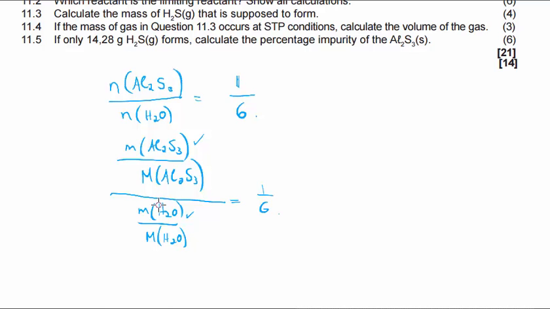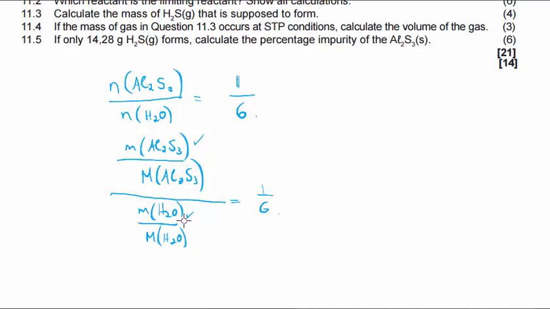Do you understand? Or I must say, okay, let me use up all of my water and see, well, if I use up all of my water, I need 30 grams of aluminium sulfide. Which one is in excess? The water, because I don't have 30 grams of aluminium sulfide. Do you understand what I'm saying?